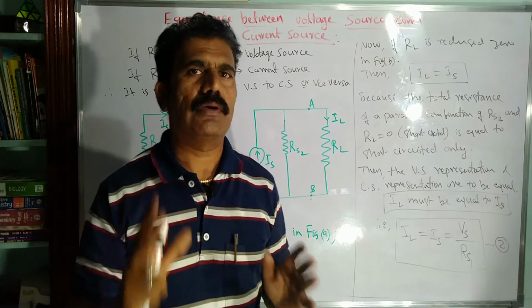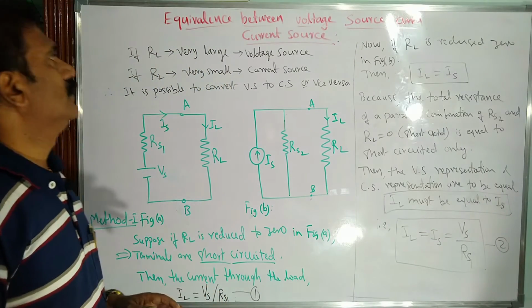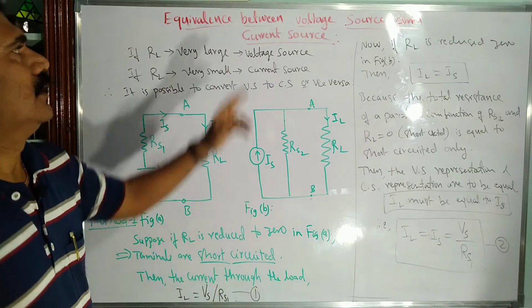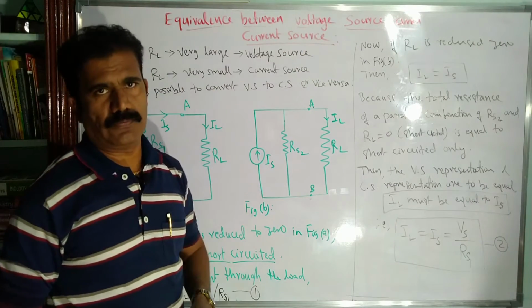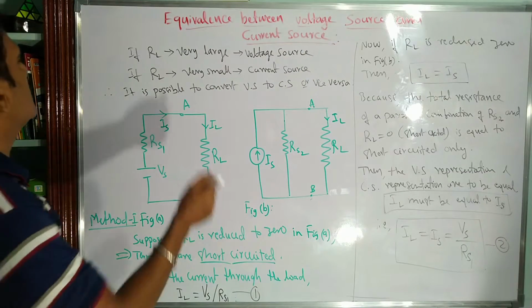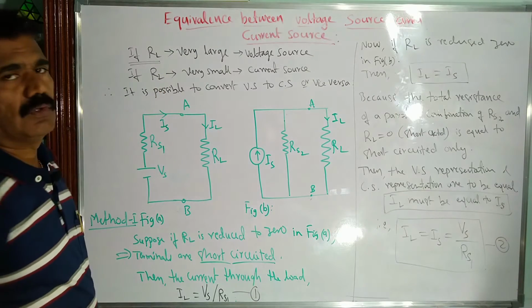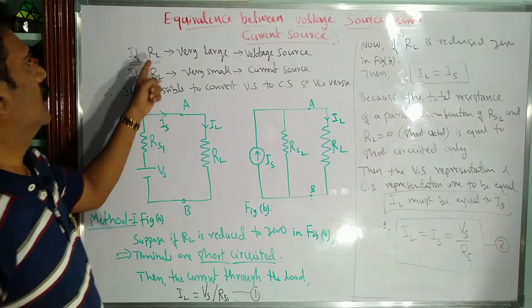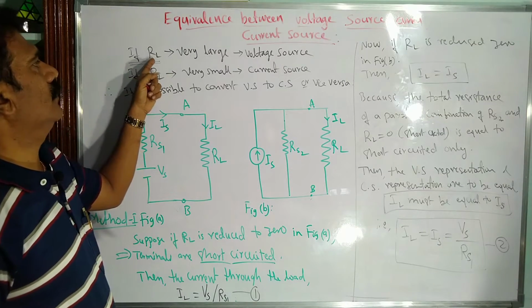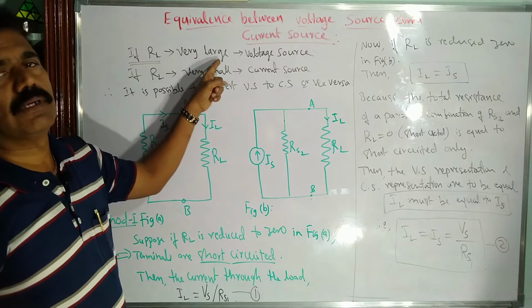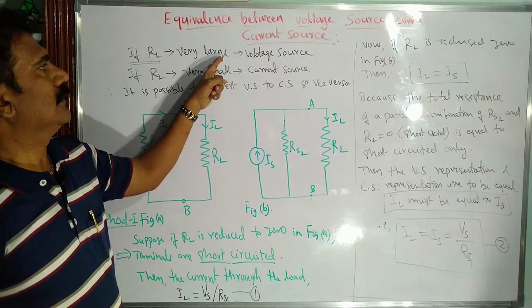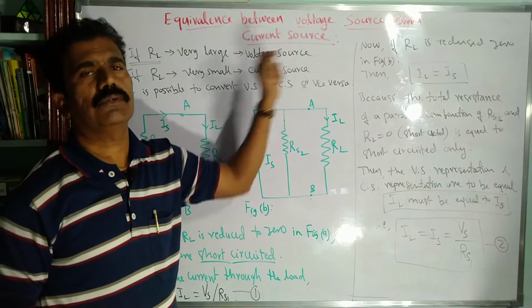Now let us see how it is possible to make the equivalence between the voltage source and current source. As I said, you have to look at the externally connected load. RL is the externally connected load. When it is very large compared to the internal resistance RS, the given source can be considered as a voltage source.